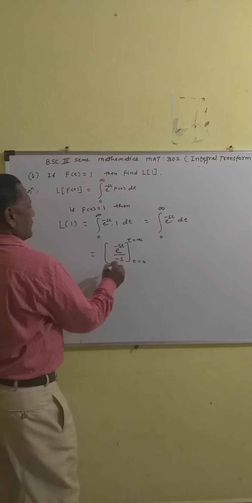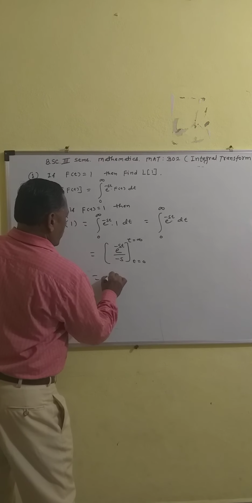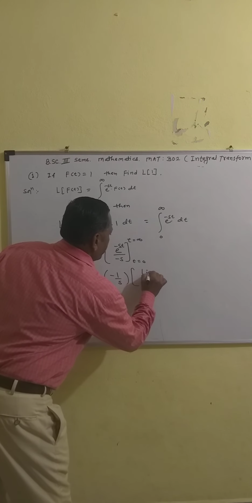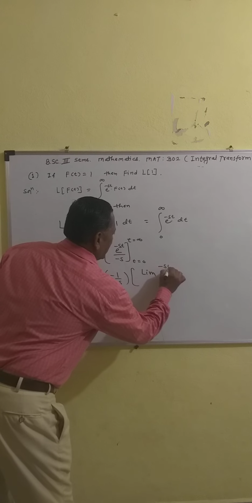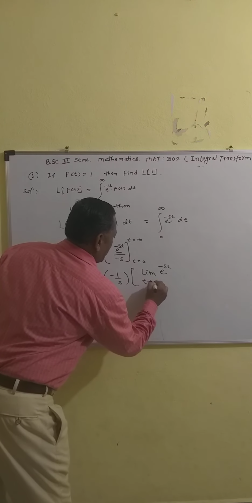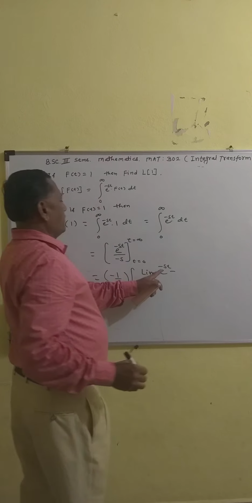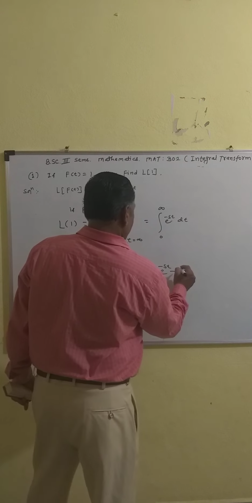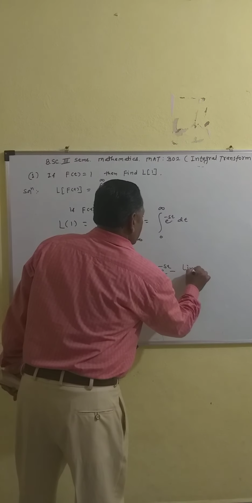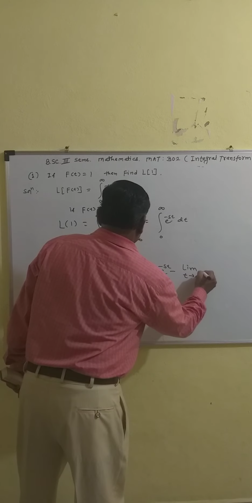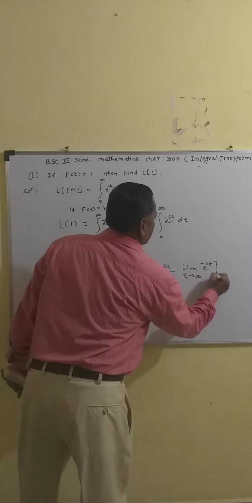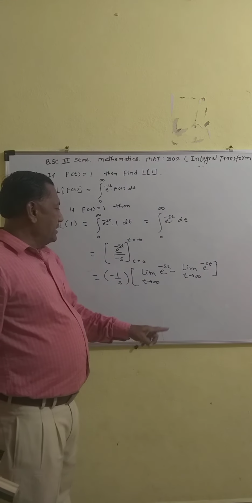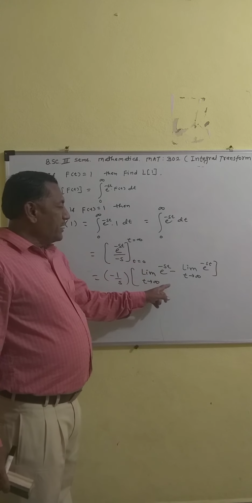So this can be written as minus 1 upon s into the limit of e raised to minus st as t tends to infinity, upper limit, minus the lower limit, by using the fundamental theorem of calculus: limit as t tends to 0 of e raised to minus st. E raised to minus st can be written as 1 upon e raised to st, and as t tends to infinity, 1 upon e raised to infinity.